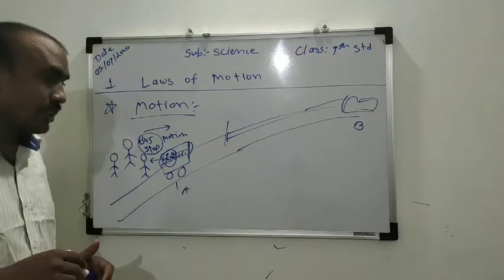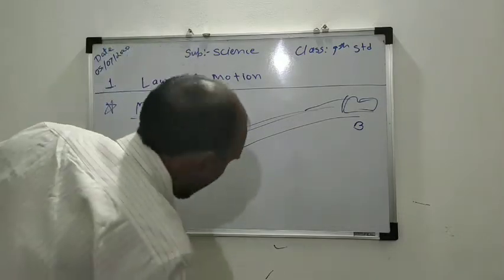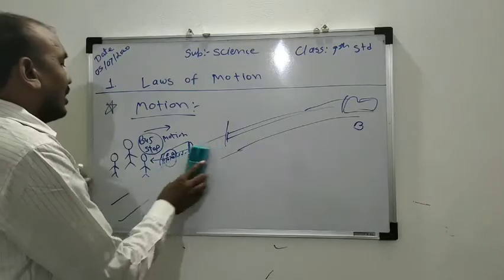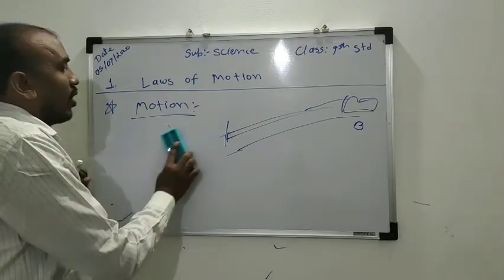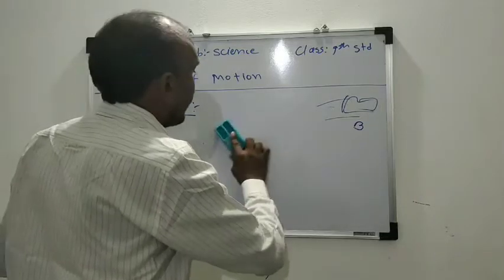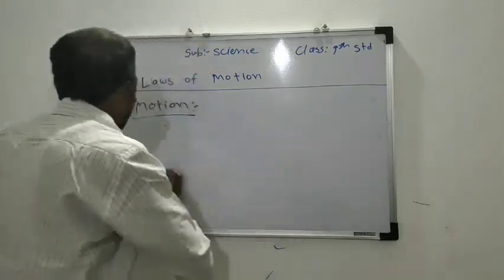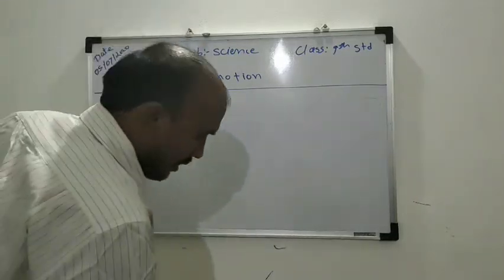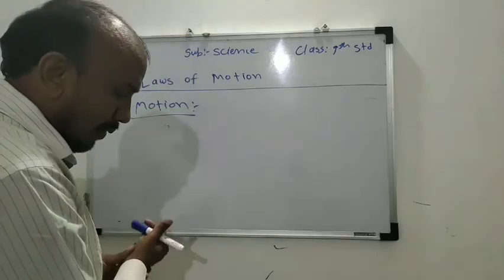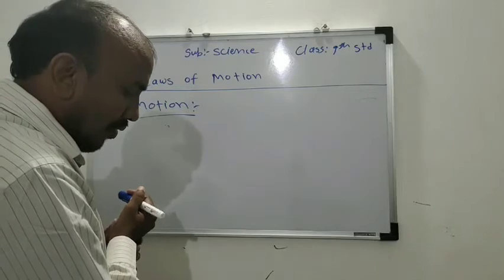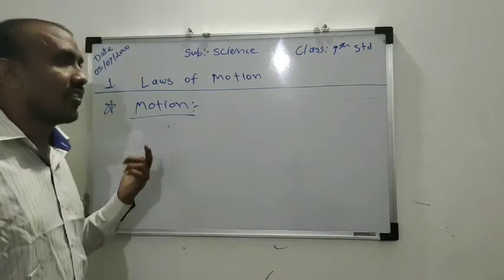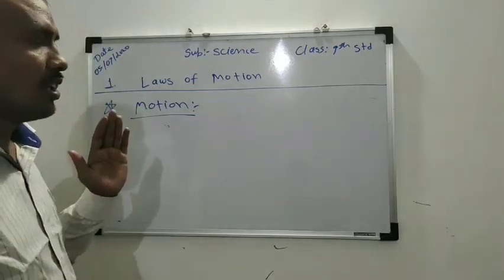I will give some examples. You can tell me whether these are in motion or not, and why. These are from your book. First example is the flight of a bird. Is it motion?